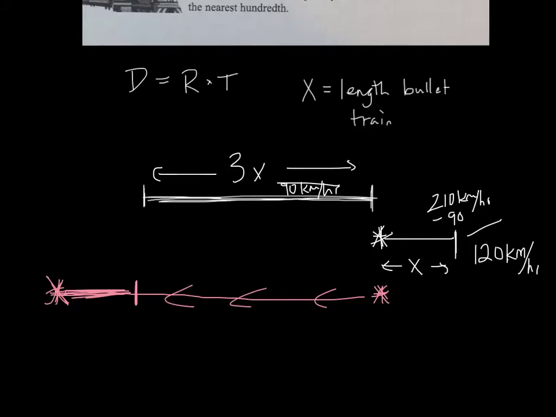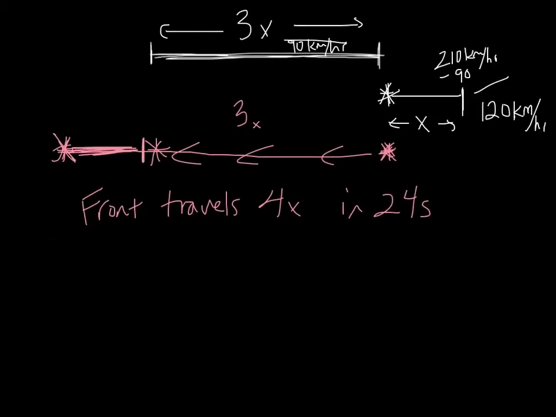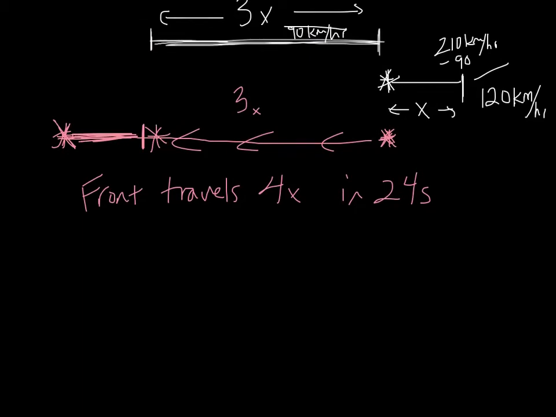So the front travels the length of the freight train, which is 3x, right? The front travels from here to here. So the front travels 4x total. Okay, in 24 seconds at a rate of 120 kilometers per hour.